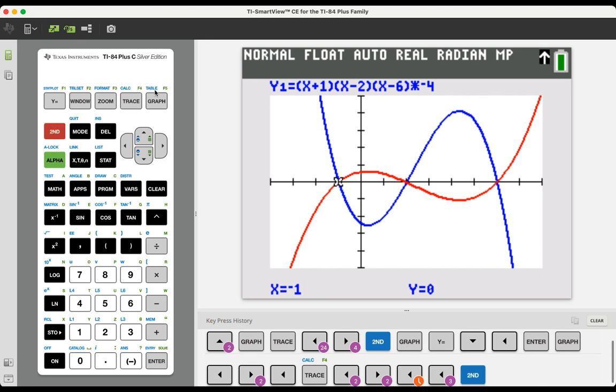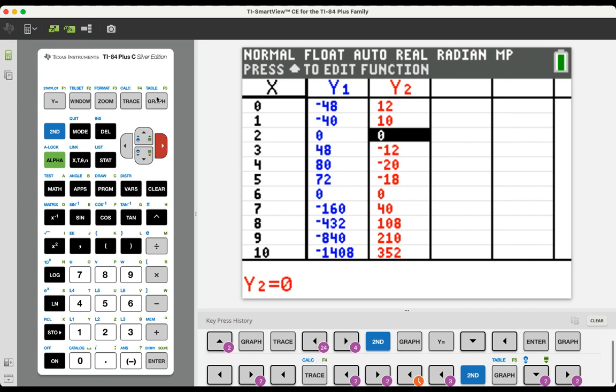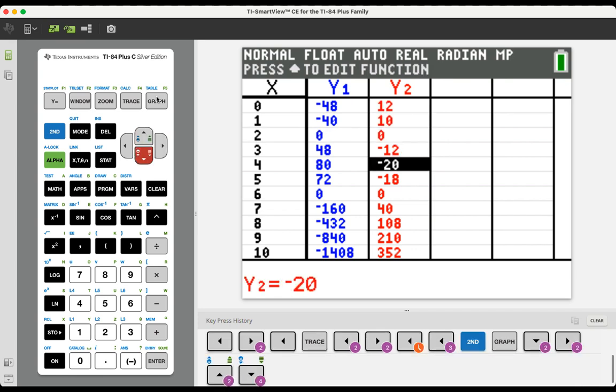If we look at the tables, we see that we still have those same intercepts. Wildly different y values everywhere else. We've got a function that's now growing as we go left to right in general, as opposed to decreasing, and we're getting much larger values in the y column here than we were getting from our original function. Key to note, still the same intercepts.